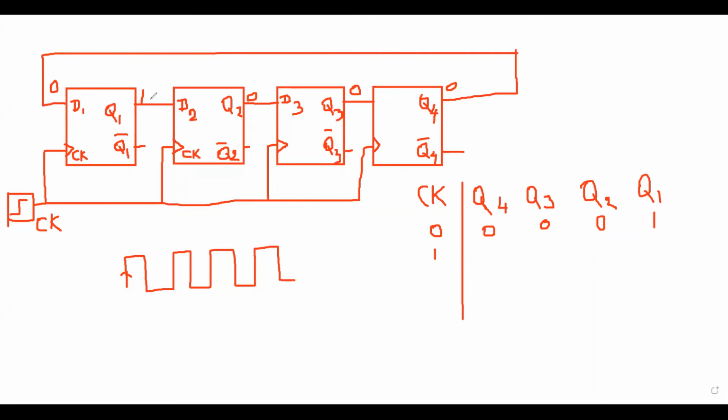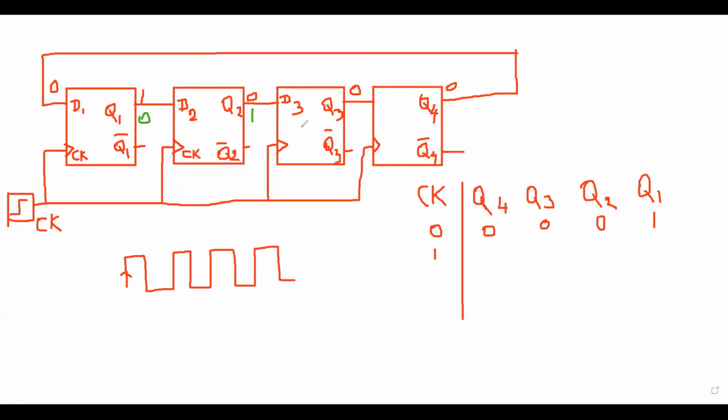So this output is changed to 0 because this 0 will come to the output, and this 1 is moved to the next. Then this 0 will move to the Q3 output.